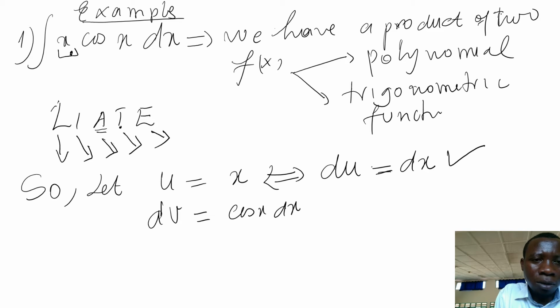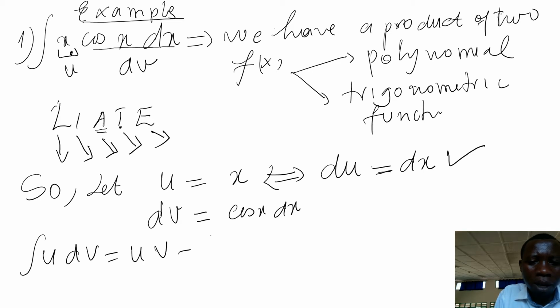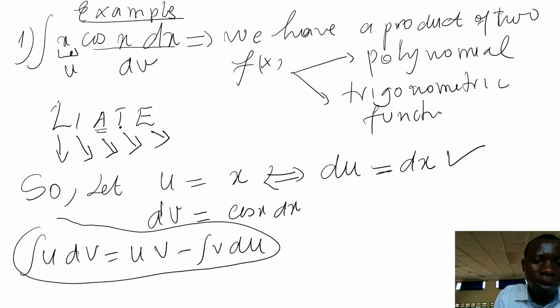If this one is u, the remaining part in this product will be considered as dv. Remember that the formula is the integral of u dv equal to uv minus the integral of v du. This is the formula we use. If one function is u, another one will be dv. So we have du equal to dx, and dv equal to cos x dx.